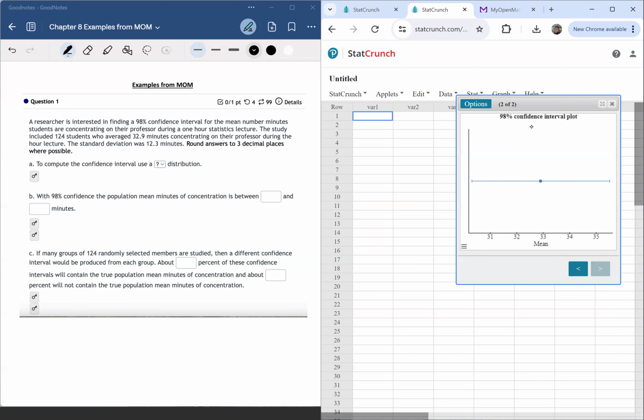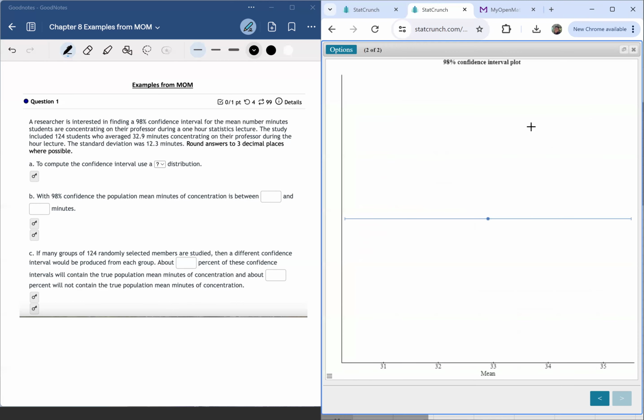And I actually want to take a look at this table right here. So this is a 98% confidence interval plot. And what we have in the middle over here is the 32.9 minutes.